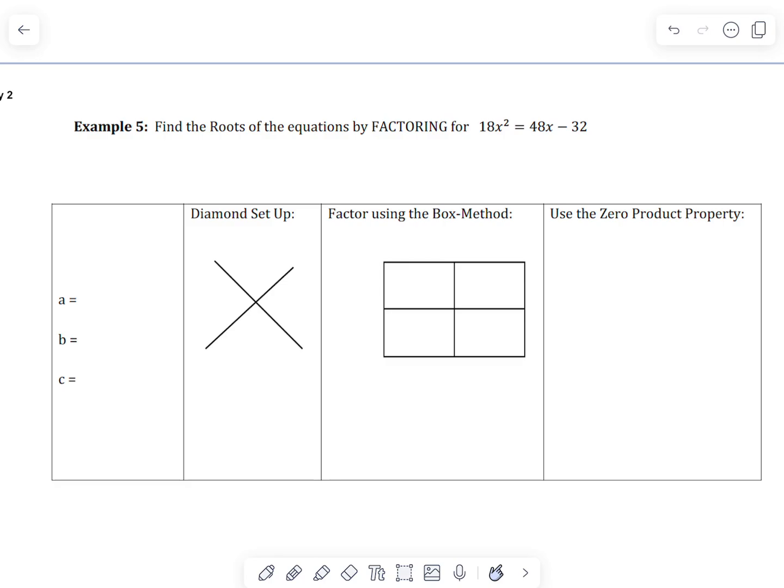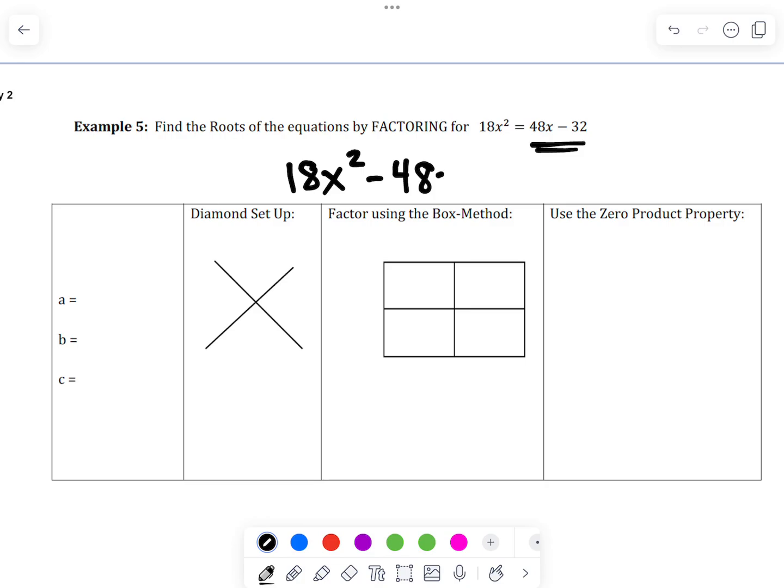Here's another example. This one's a little bit more challenging because it's not in standard form. So we need to move these two terms to the left side. We're going to subtract, and we get minus 48x plus 32 equals 0. We also have a greatest common factor with these 3 terms.